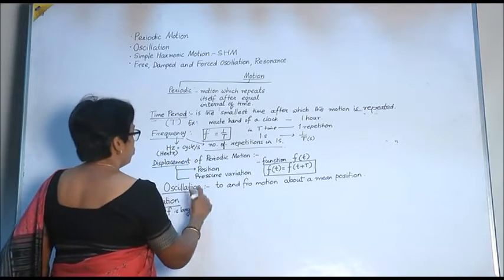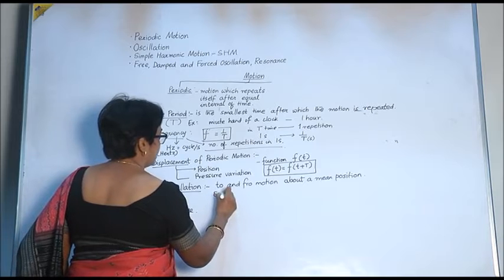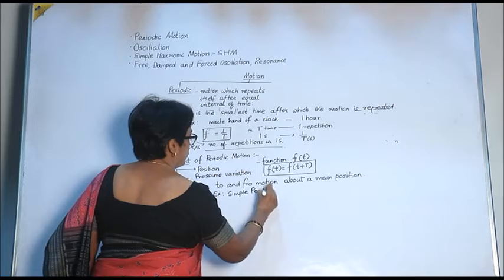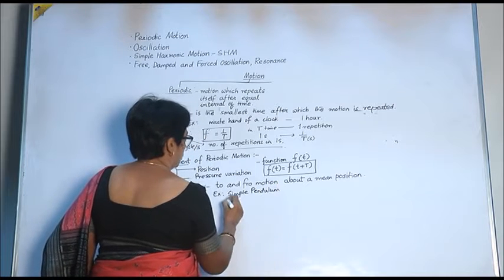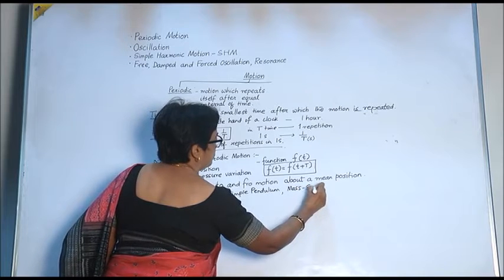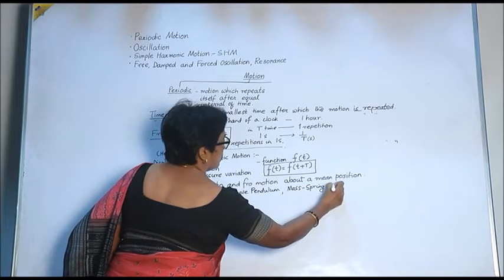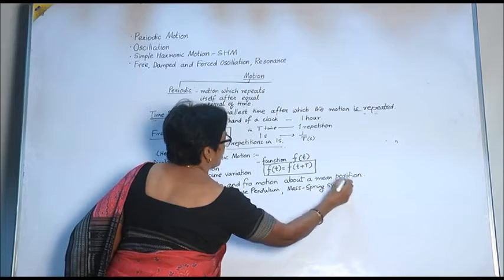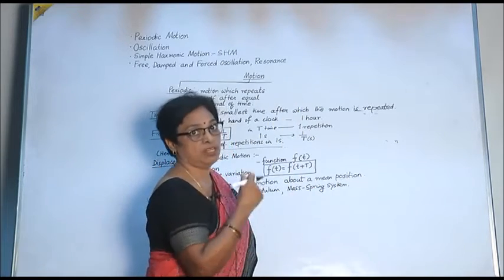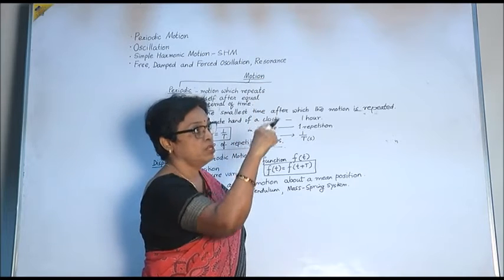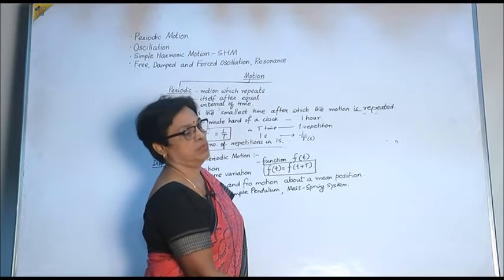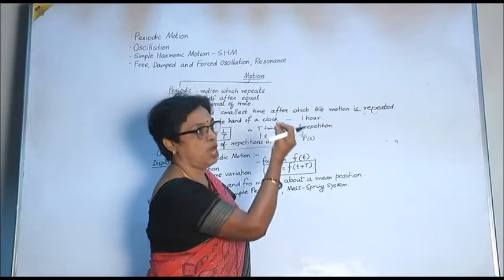So, for to and fro motion, I have given you the example of a simple pendulum and a mass spring system. The mass spring may be horizontally placed or it may be vertically placed. You have a spring vertically and a mass, and it goes down and up like this.